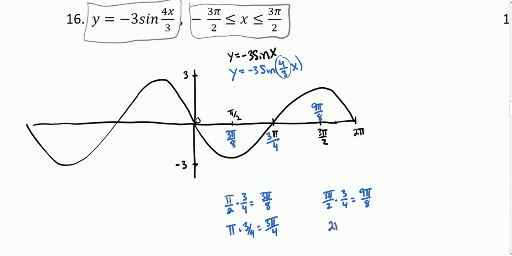And 2 pi times 3/4 is 6 pi over 4, which reduces to 3 pi over 2.